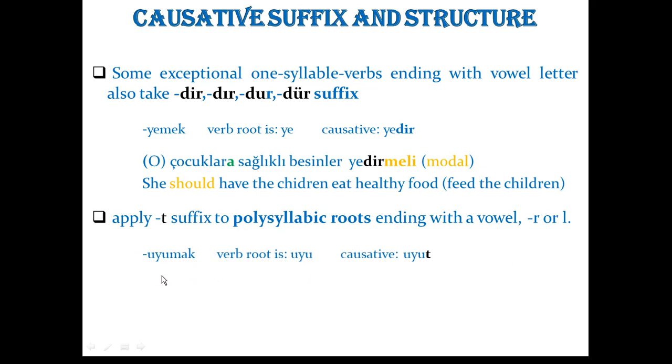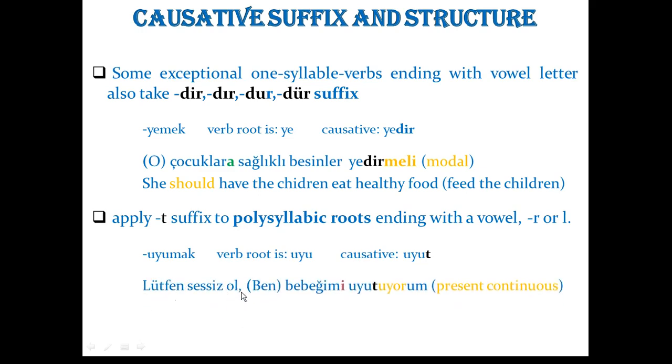So our sample verb here is uyumak. The verb root is uyu, ending with a vowel, as a polysyllabic root. And the causative verb form becomes uyut using this T suffix.